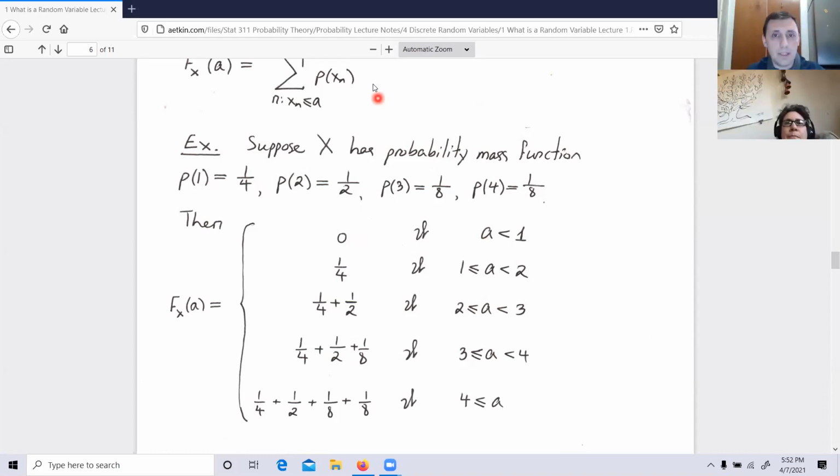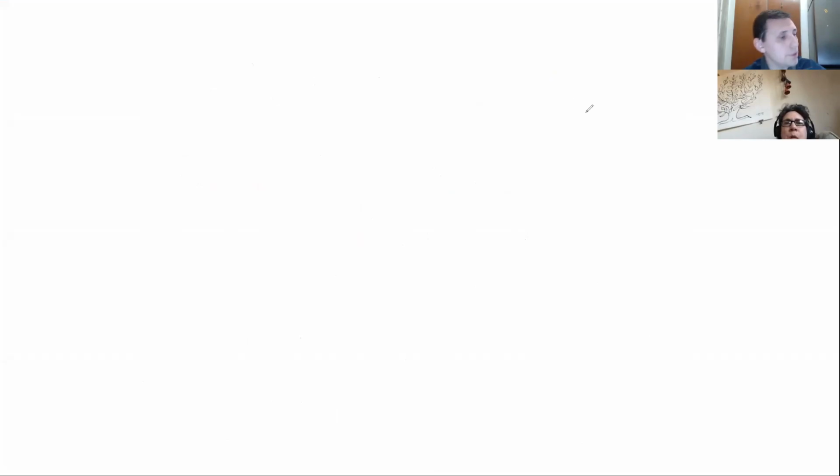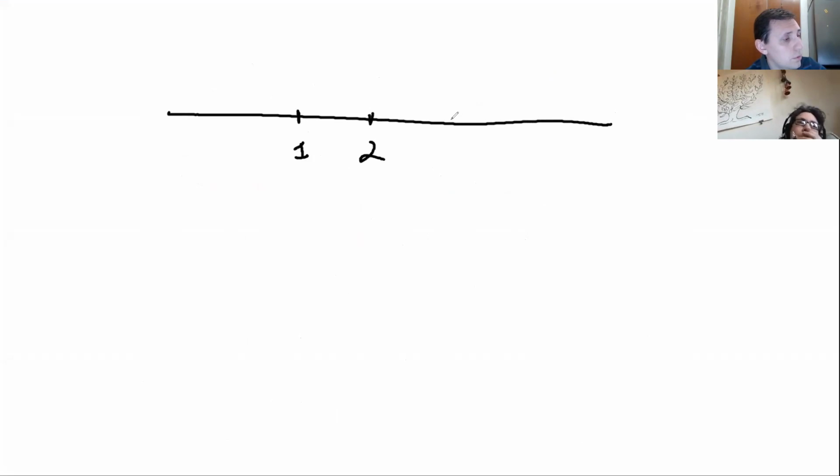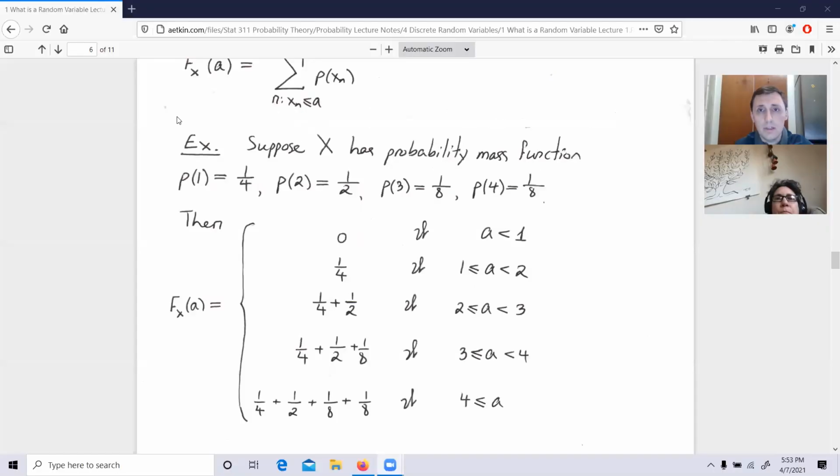So what's happening is that we are picking up pebbles as we are sweeping through the x-axis. Here the values of interest are, I believe, 1, 2, 3, 4. Am I right? Yes, 4, right? That's right.